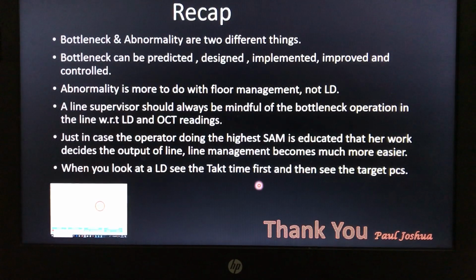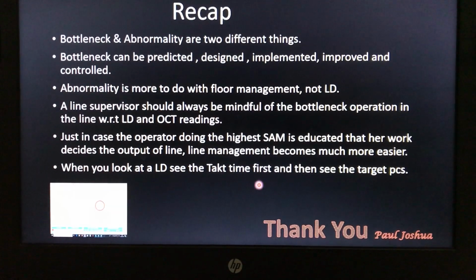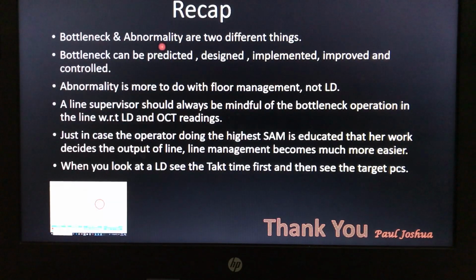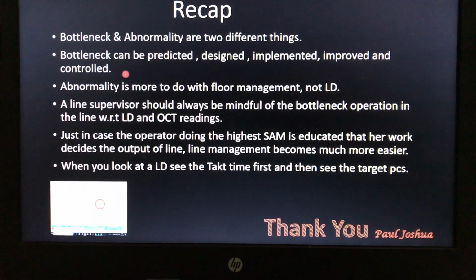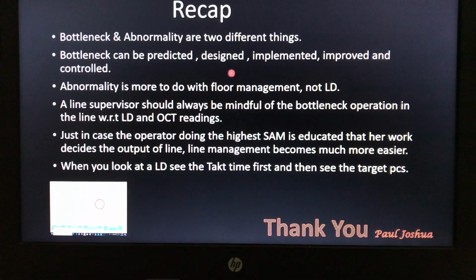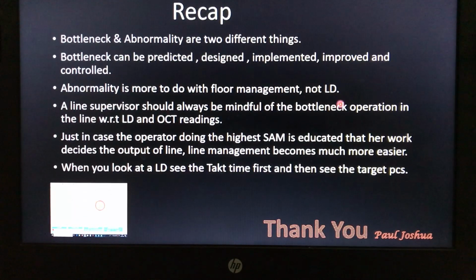So a recap, it is important to identify the difference between bottleneck and abnormality. They are different. Bottleneck can be predicted, designed, implemented, improved, and controlled. Abnormality is more to do with floor management and not LD. And this is the most important thing.